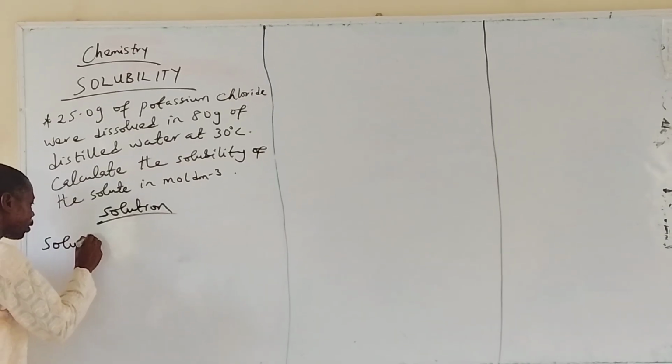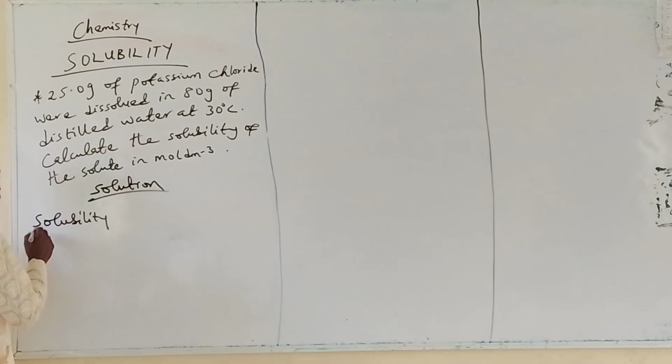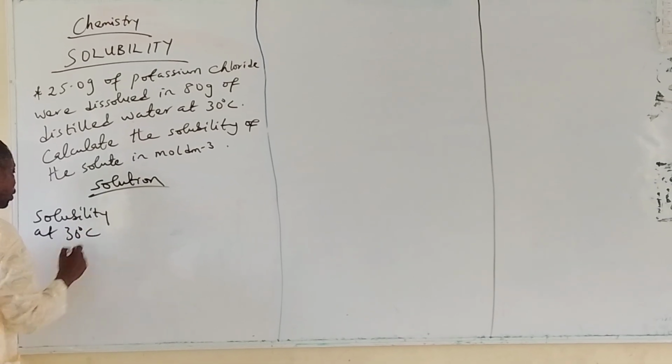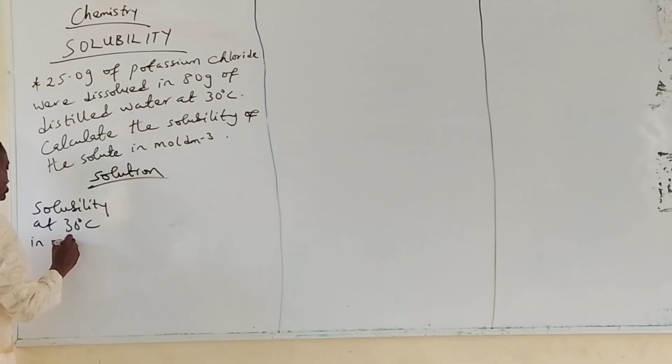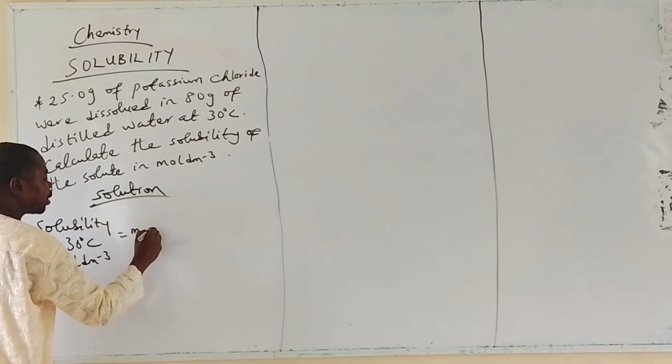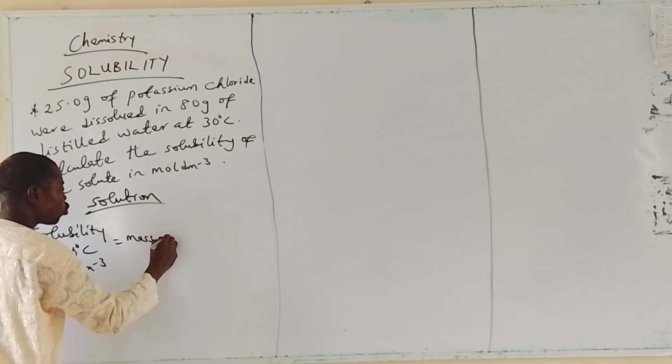Solubility at the temperature given to us, 30 degrees Celsius, in mole per dm³ is equal to mass of solute.